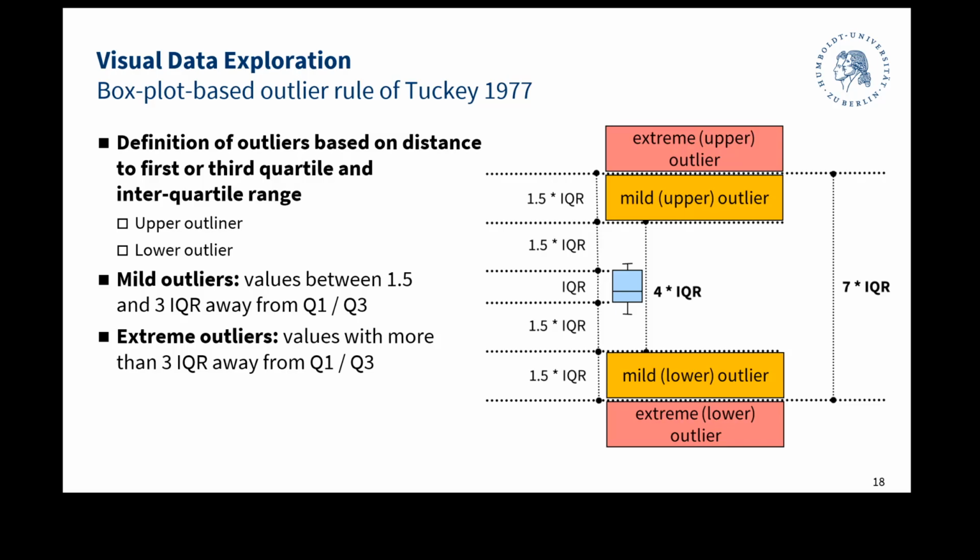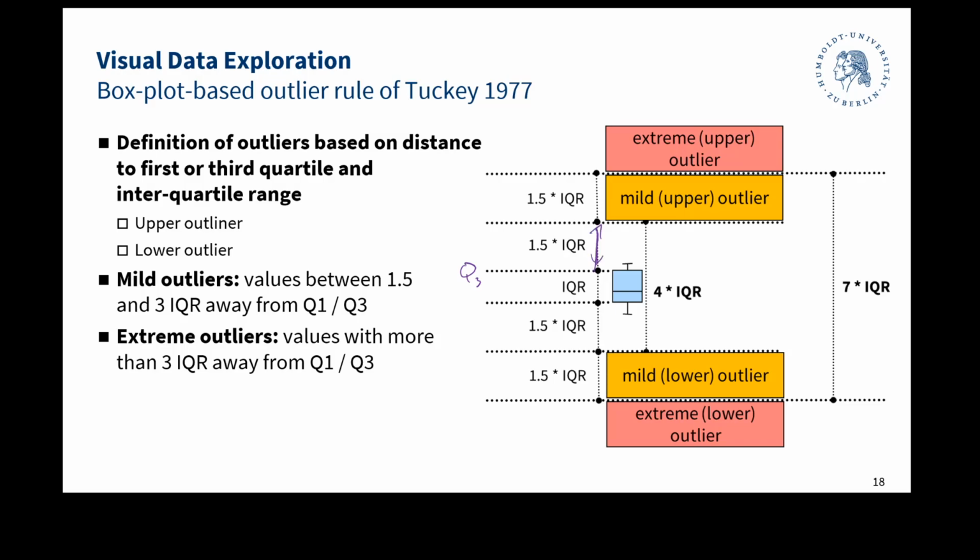Here's Q3, right? Oh, it's not really a 3. Well, maybe it's vaguely a 3. But now understanding the box plot perfectly, you know that this is Q3. And then we take the interquartile range and we add it up to Q3. But not only that, we first multiply it with 1.5. So that's basically this distance here, right?